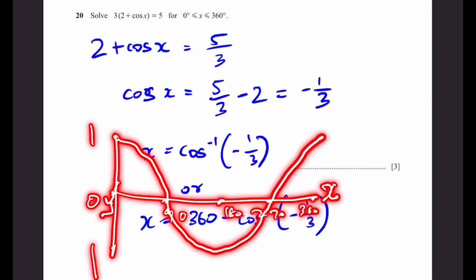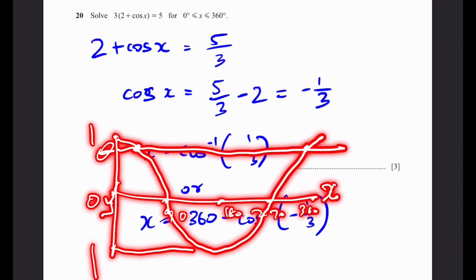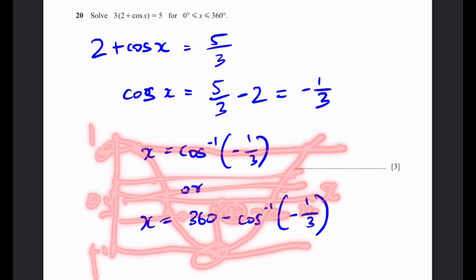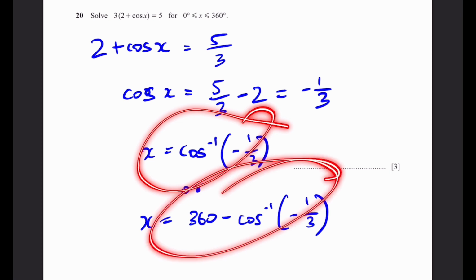As you can see, a horizontal line at a given value goes through 2 points on the cos graph. Except for the value at the bottom, where y equals minus 1, it only goes through 1 point, which is 180. All other horizontal lines go through 2 points on the cos graph. That's why there are 2 solutions.